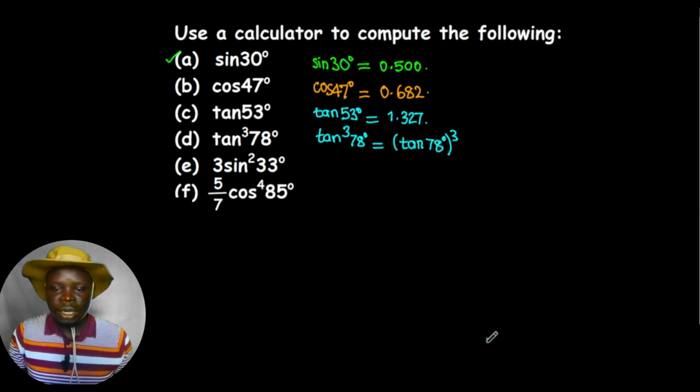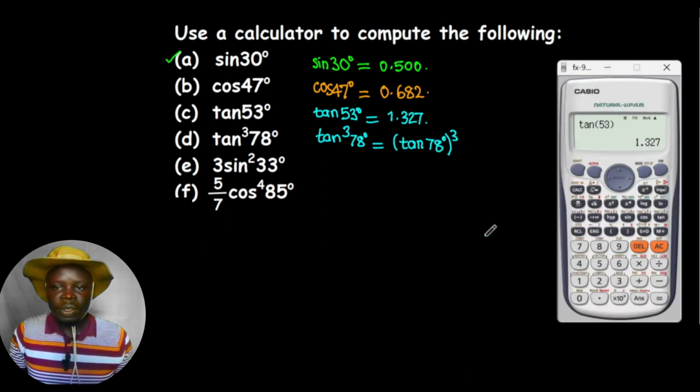So let's move on and grab our calculator and see how we do this calculation. Now let's create our first bracket here, and then we move on and write our tangent, and we also enter our value 78. We close this bracket that is inside here for the angle, and then we generate another bracket for the exponent.